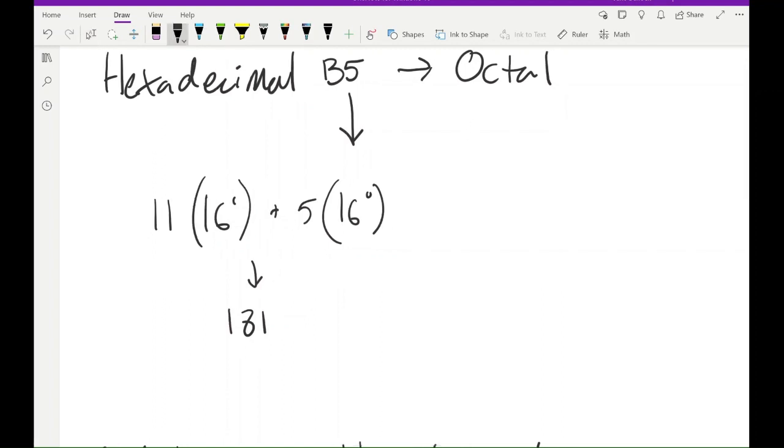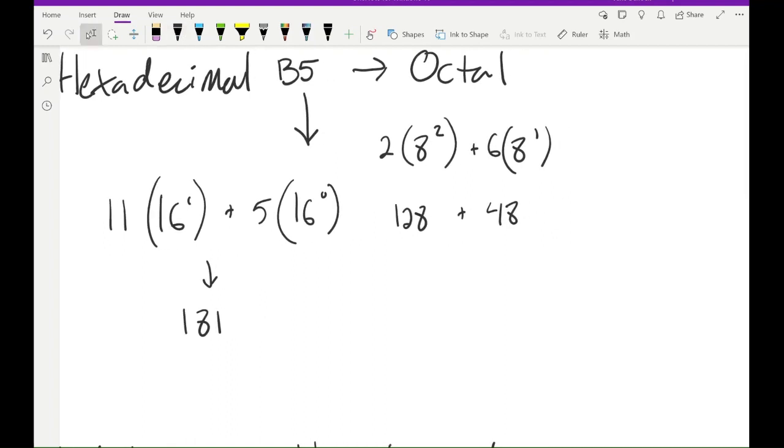So I'm going to start out with 8 squared, 64. We're going to times that by 2, so that'll be 128 plus 8 to the power of 1. And we can do that by 6. That'll be 48. And from there, we only have 5 more we need.